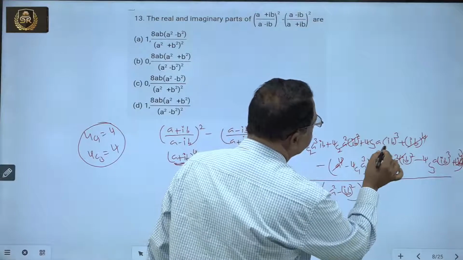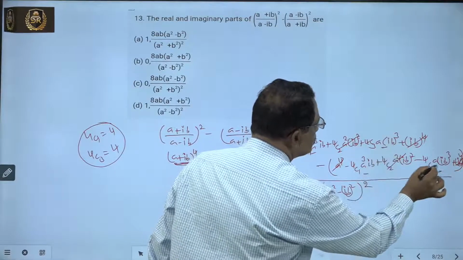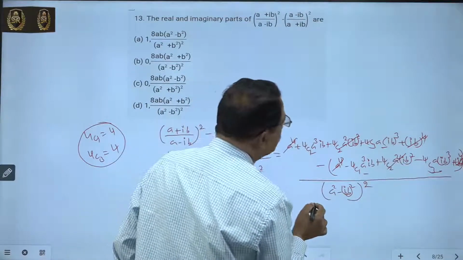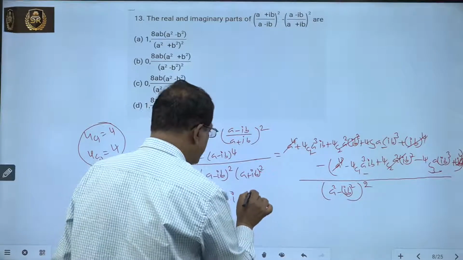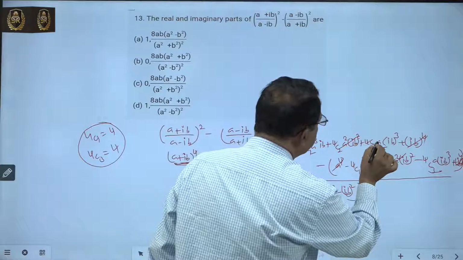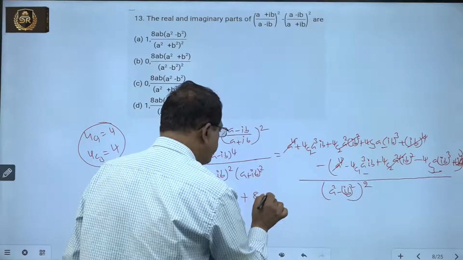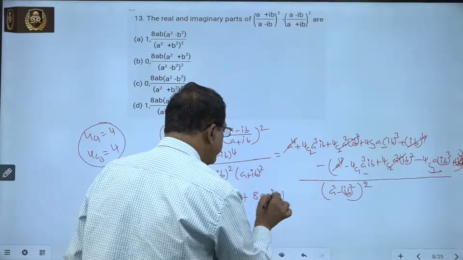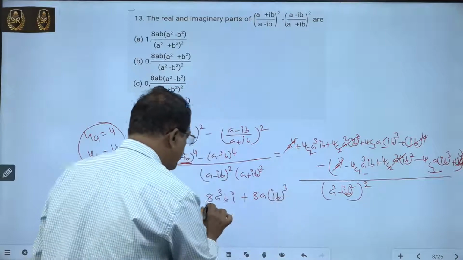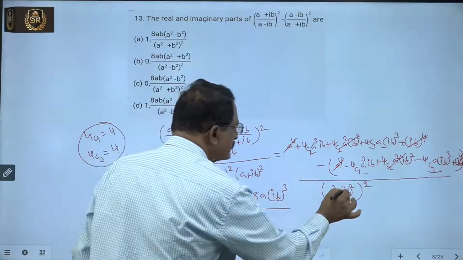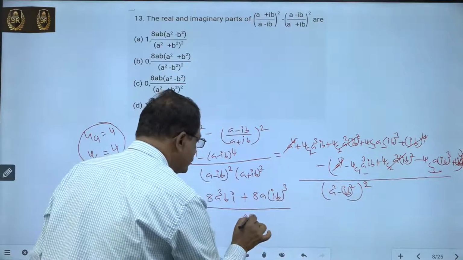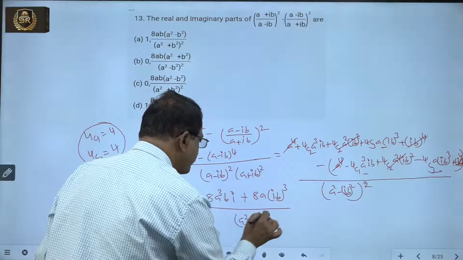Next, these two terms equal also plus 8 a ib whole cube by a square plus b square whole square. I square equals minus 1, minus of minus plus b square whole square.